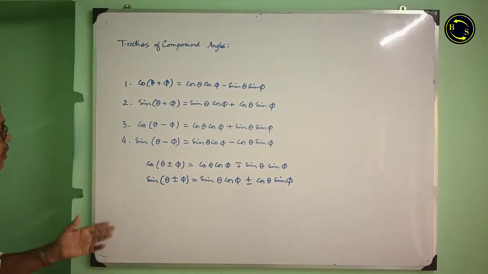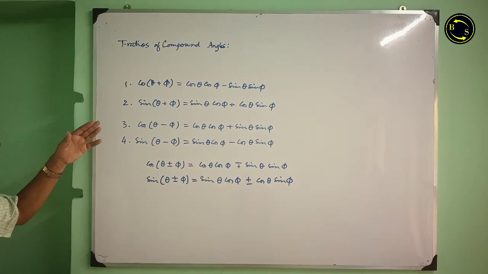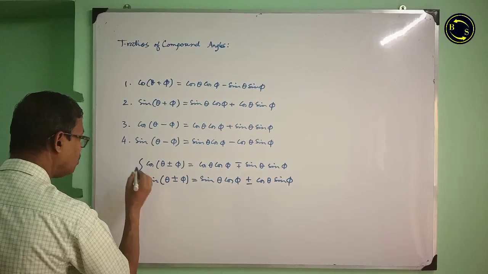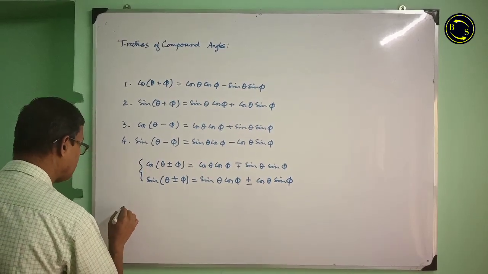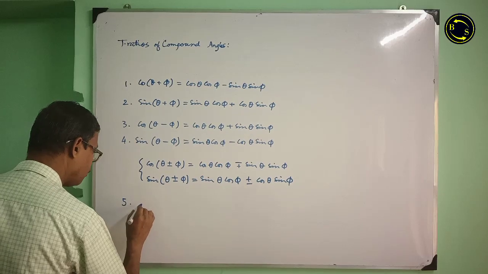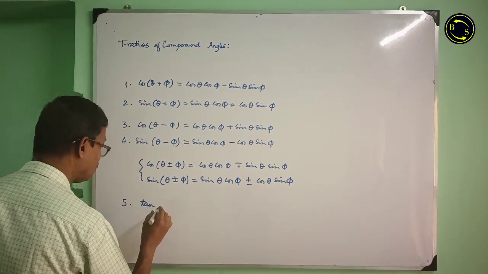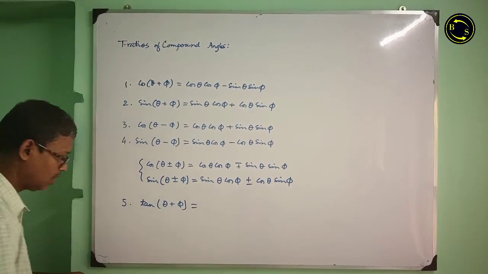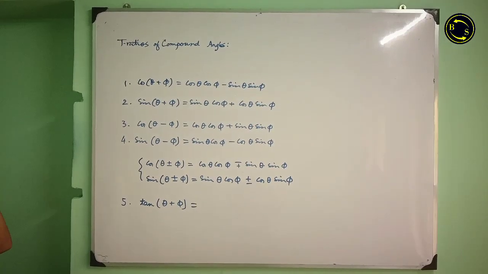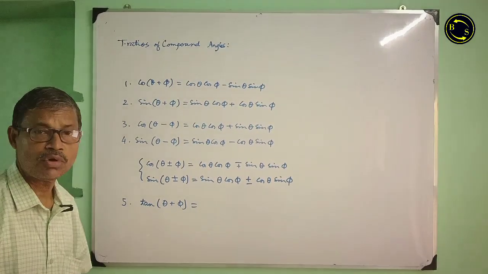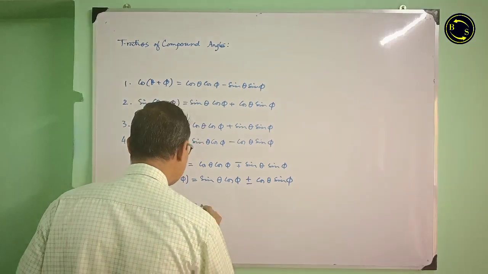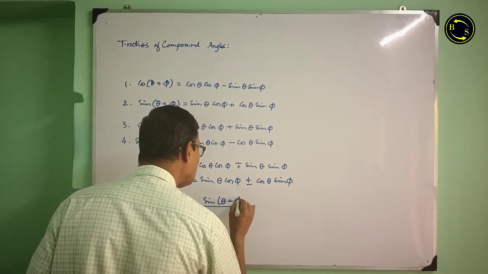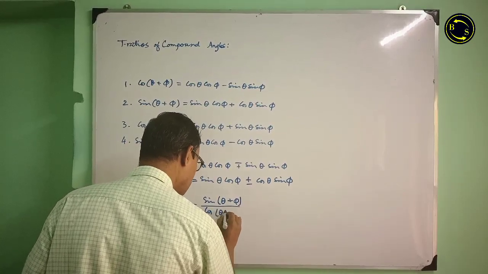Now after deduction of sin of theta plus phi and cos of theta plus phi, we can now deduce tan of theta plus phi. That is not geometrical, of course. Tan of theta plus phi, according to the formula tan theta is equal to sin theta by cos theta, we can apply here sin of theta plus phi divided by cos of theta plus phi.